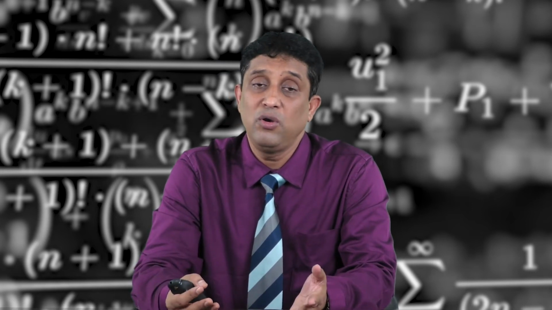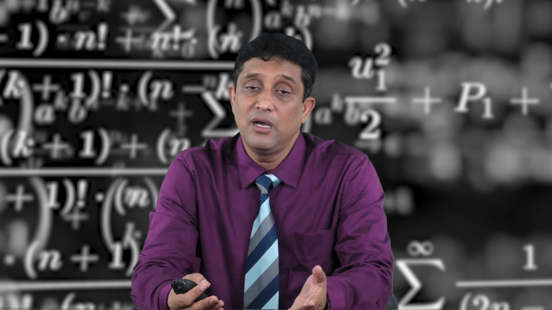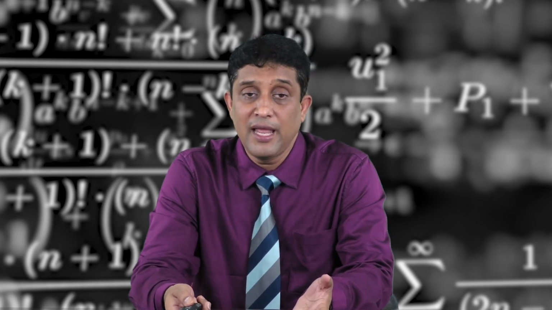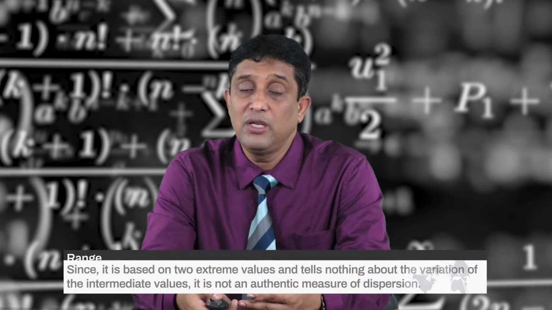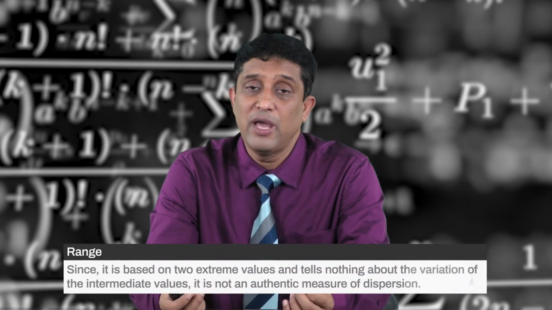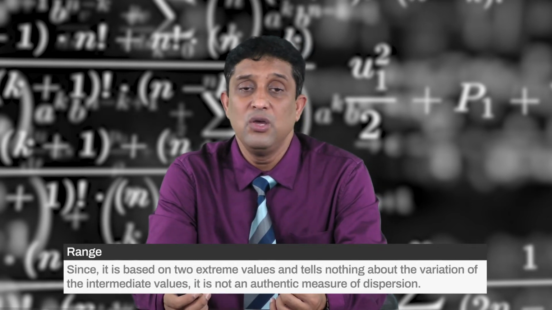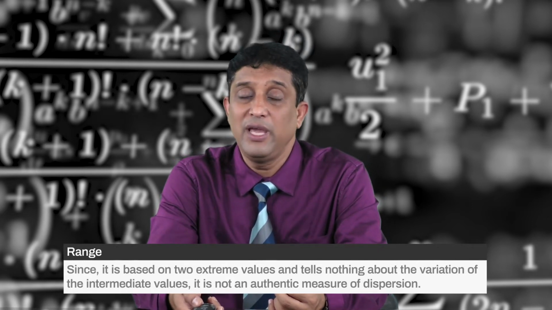You just subtract the lowest score from the highest score to get the range. It is all about two extreme scores: one is the highest score and the other is the lowest score. In this way, you can calculate range of the distribution.